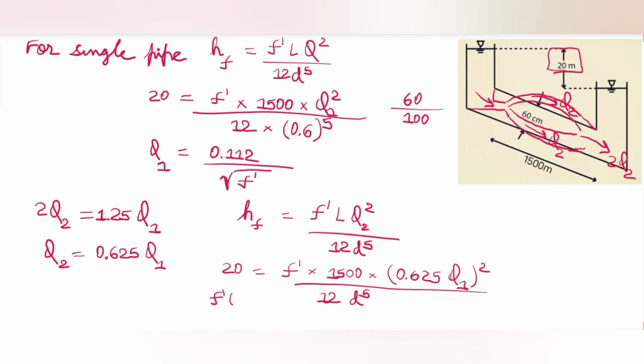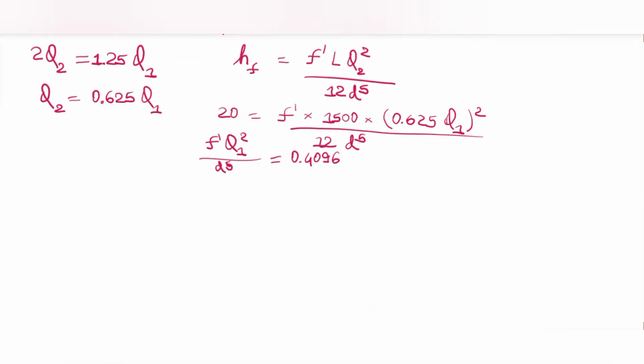F dash into Q1 square divided by d raised to 5 is equal to 0.4096. Now making Q1 square as the head of the equation, therefore we get Q1 square is equal to 0.4096 into d raised to 5 divided by F dash, and Q1 will be equal to square root of this value.